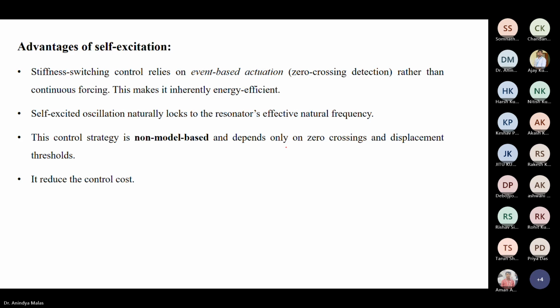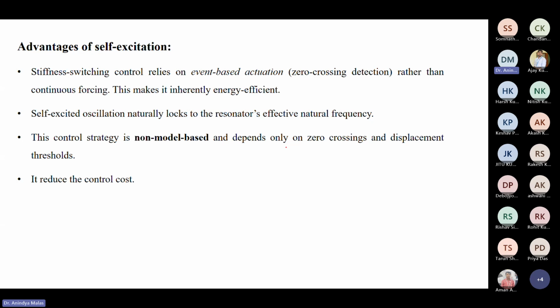Then, it reduces the control cost. When you compare using some external force with using self-excitation techniques, it has been seen that in the self-excitation technique, the control cost is lower than with an external forcing frequency. Also, another advantage is there.